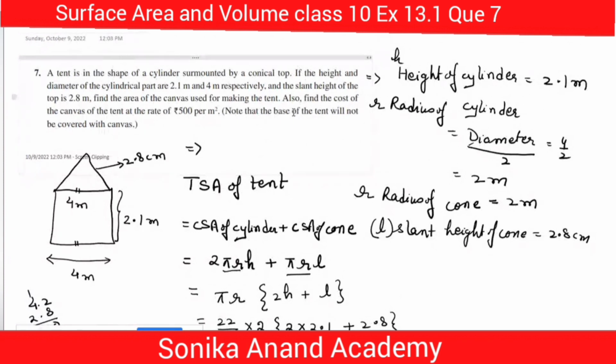Now also find the cost of canvas of the tent at the rate of rupees 500.